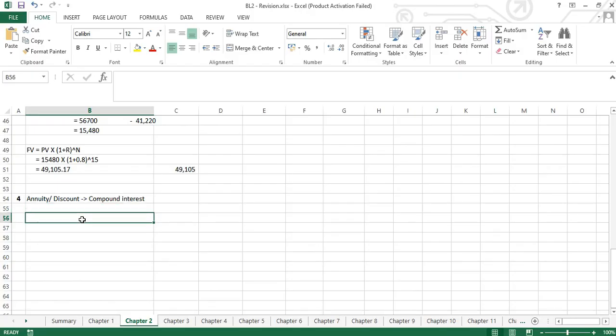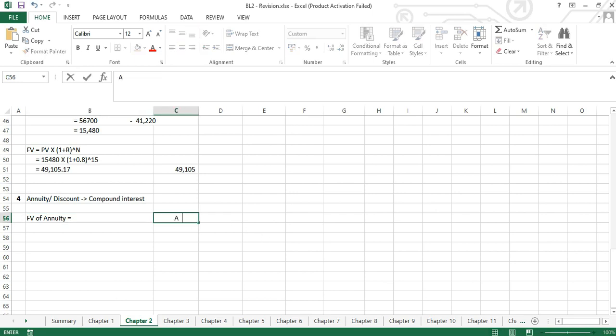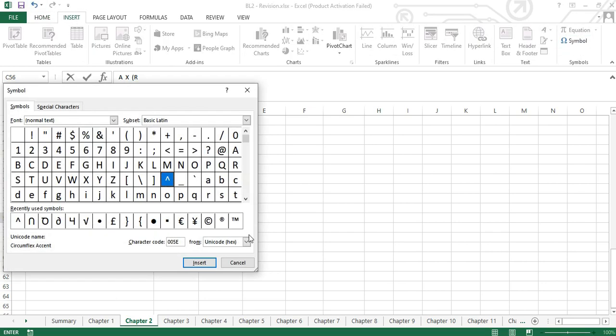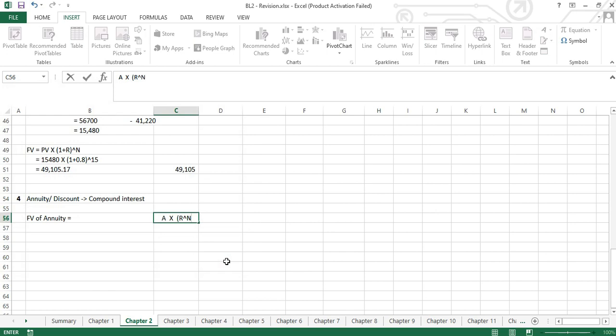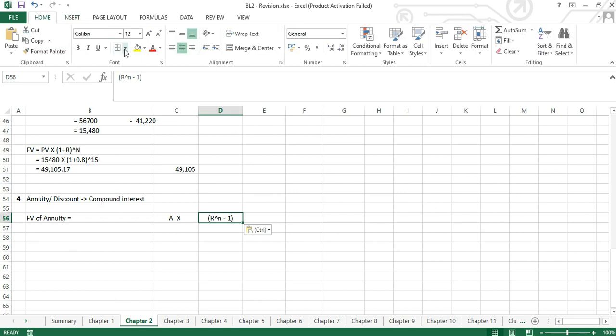Now let's use the formula for the future value of an annuity because they are asking for the future value. The future value of annuity formula equals annuity into r to the power n minus 1, and this r to the power n minus 1 gets divided by r minus 1. This is a formula you must remember.